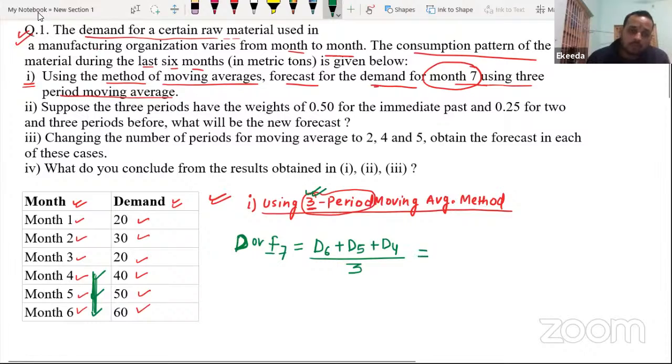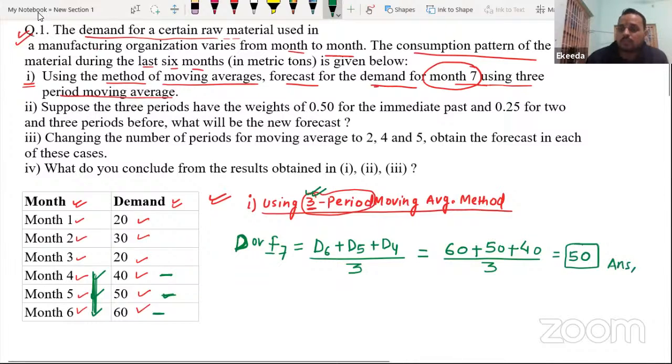The demand is 60 plus 50 plus 40, divided by 3, so we get 50 metric tons. This is our first answer.